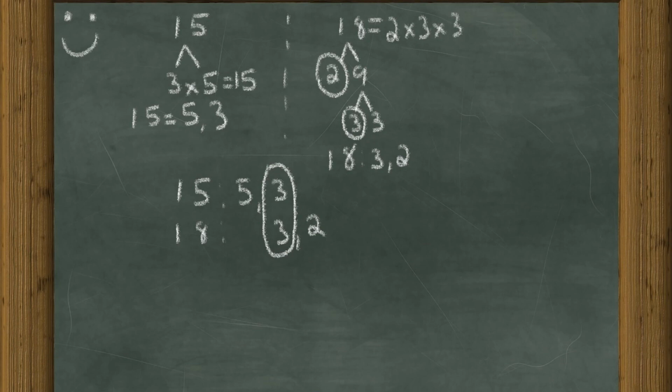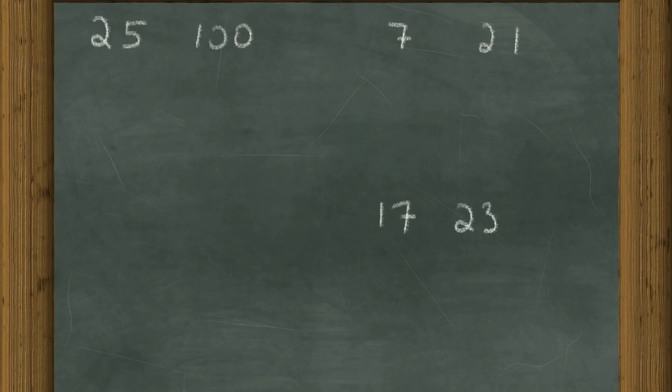So let's look at some examples. First, we'll start with 25 and 100. So I'm going to split 25 into 5 and 5. And now 5 is a prime number, so I'm going to circle that. And I'm going to split 100 into, let's say, 25 and 4. And then 25 can be split into 5 and 5.